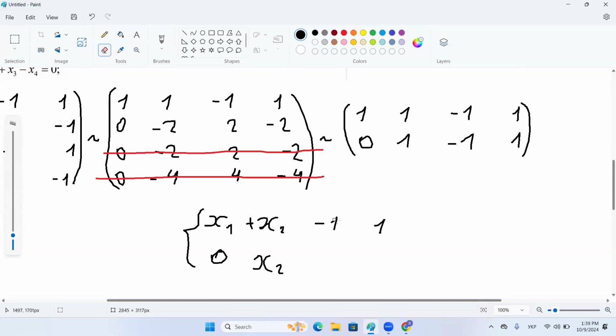Rank is 2, yeah, correct. And no one told me that I was doing something wrong. No one told me.